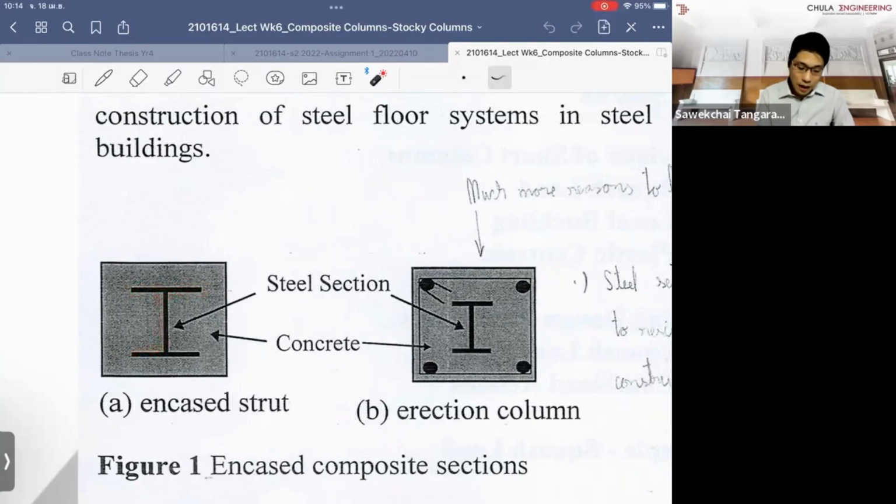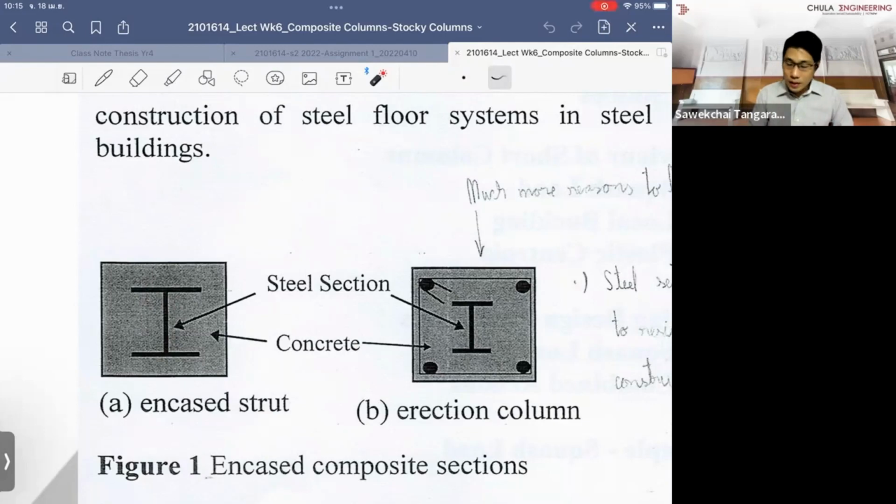So if we have the I, this is the H. The I will be the tapered type of shape here, and it's quite slim in the web part of the section. But if we want to use it for a column, they normally provide quite a thick web and quite a thick flange, both the top and the bottom flange. So we call it a W section, or an H section, or a UC, which is the universal column section.